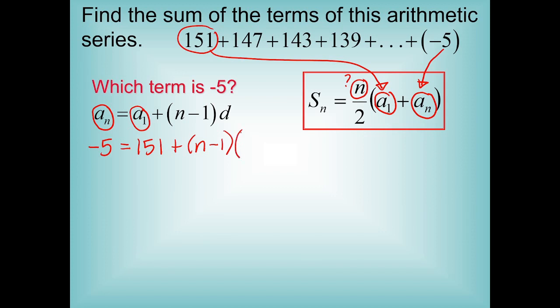What is the common difference here? Negative 4. Okay. I will transpose this one to the other side. That becomes negative 5 minus 151 is equal to, what are you going to do with negative 4?